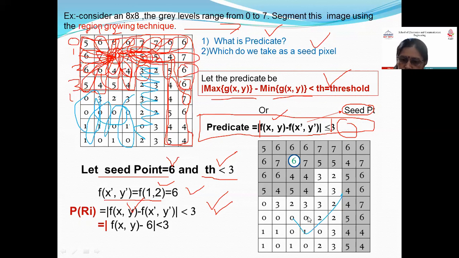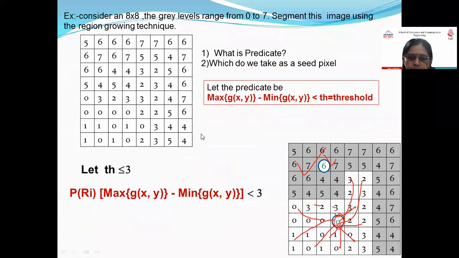Then we can start with the new seed somewhere here. Okay, so we can start with this pixel as new seed. Here we use now this as seed, and then we compare the neighbors 0 and 2, difference is less than 3.